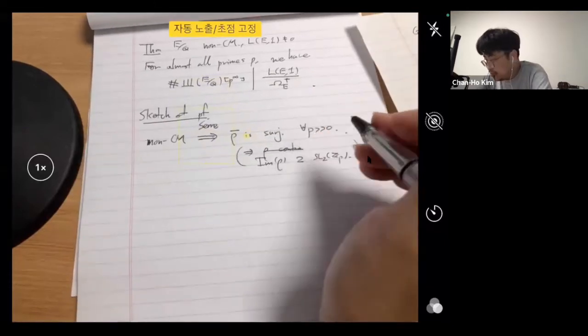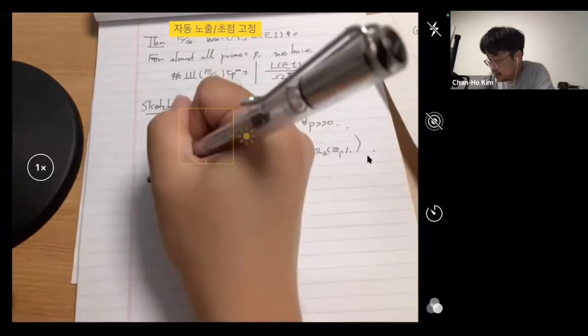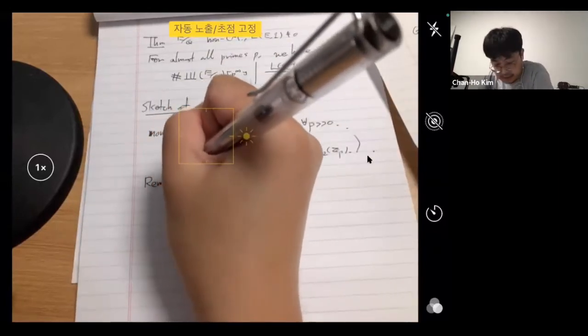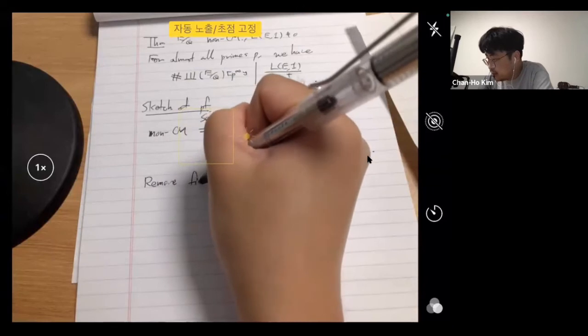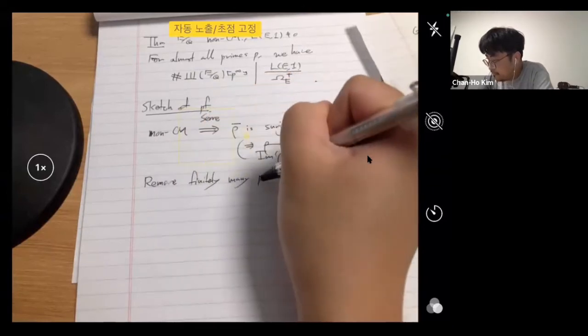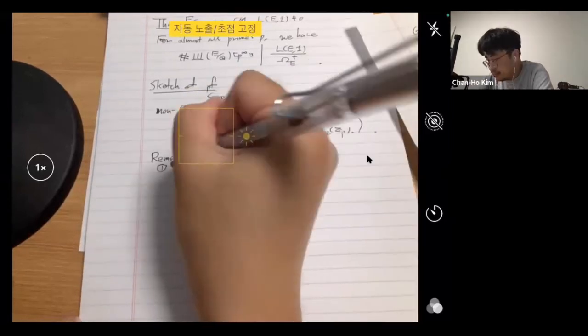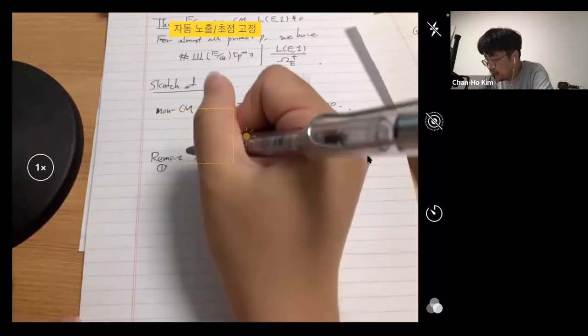So now we will remove some finitely many primes. Okay, we first ignore all bad reduction primes.